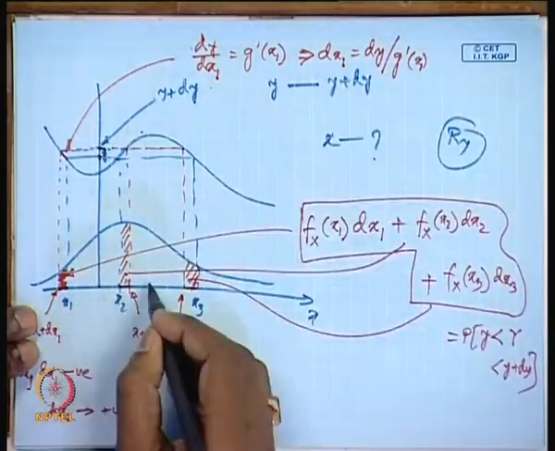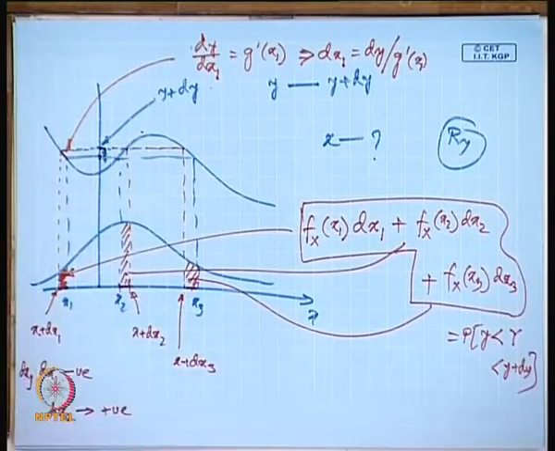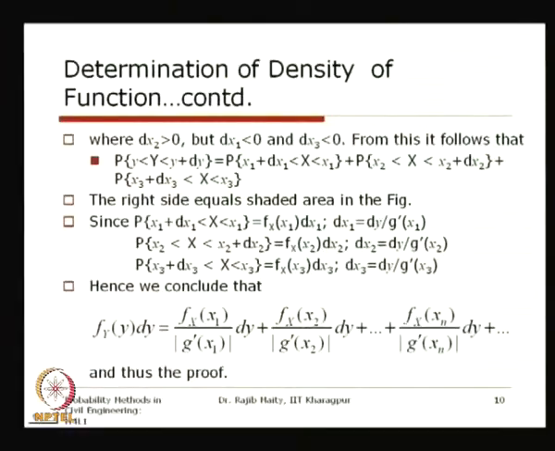Similarly for the other locations as well. So these three things are shown here. dx1 equals dy divided by g prime x1. Similarly dx2 at x2 has the rate of change of that function at x2, and dx3 has the rate of change of that function at x3.